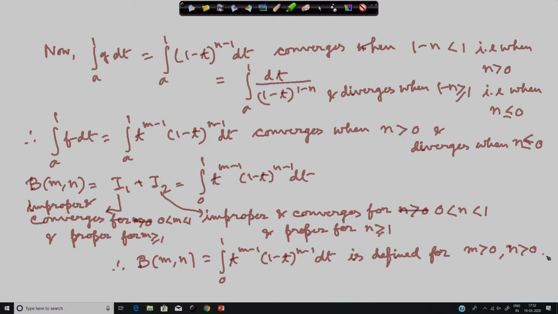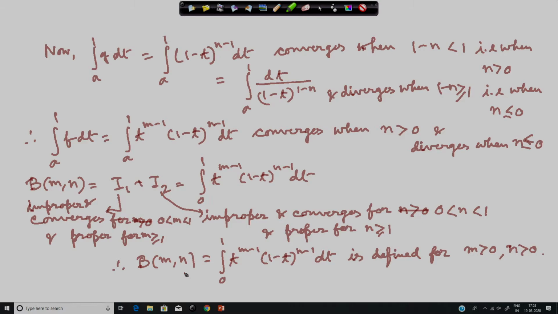Whenever you define the beta function, the two arguments m and n must be strictly greater than 0. For 0 less than m and n less than 1, they are improper but convergent, and when m and n are greater than or equal to 1, they are proper. So it will always have some definite value.